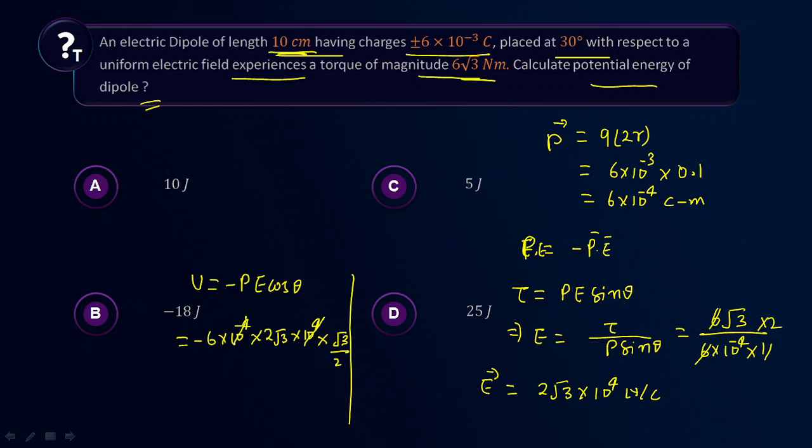So 10 to the power 4 we can cancel, 2 we can cancel. So it will be minus 6 into root 3 into root 3, that is 3. So 6 into 3 is 18. Minus sign is there, so minus 18 joule. Answer will be B. Is it clear to all of you, everyone?